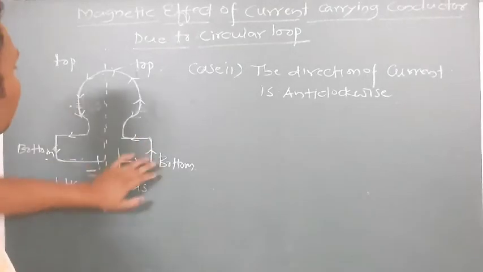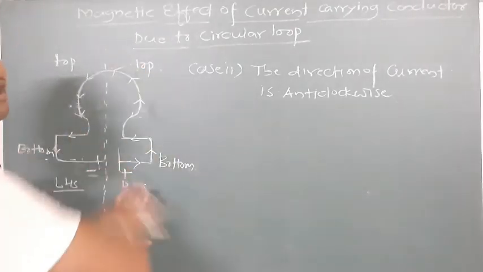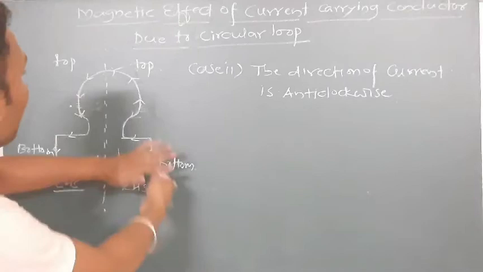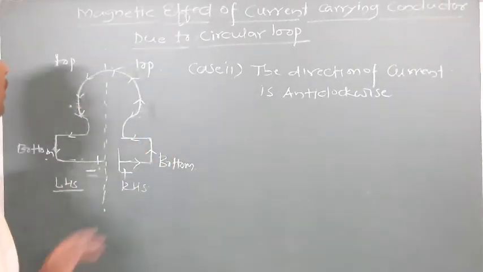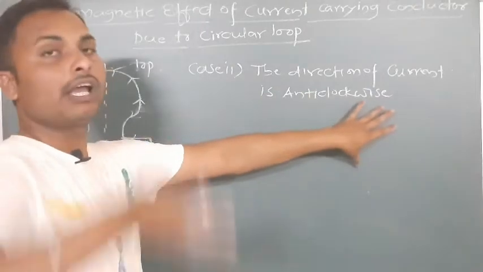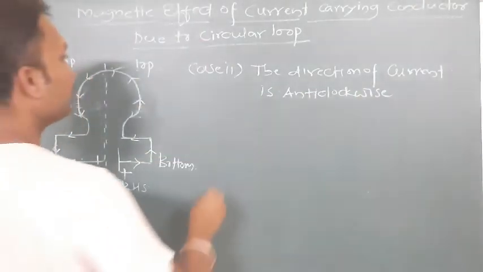Now the current is moving RHS to LHS. Before it was LHS to RHS, now it is RHS to LHS, okay. Case 2, the direction of current is anti-clockwise now.